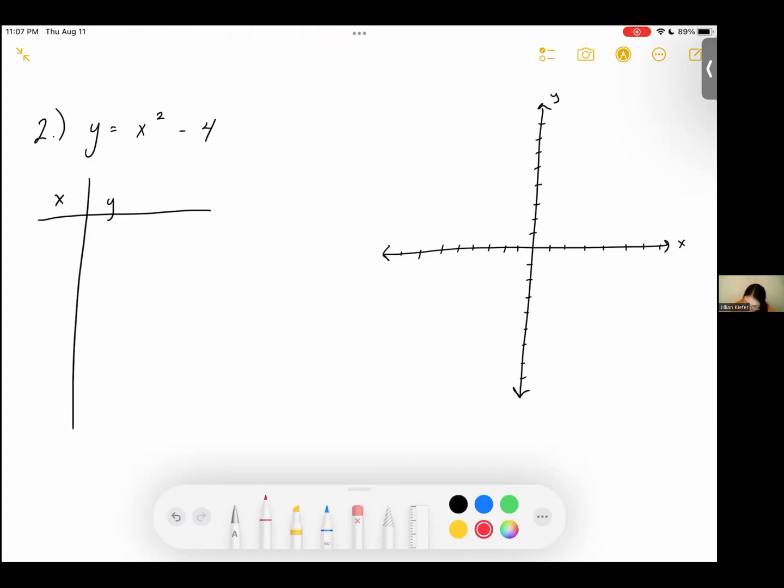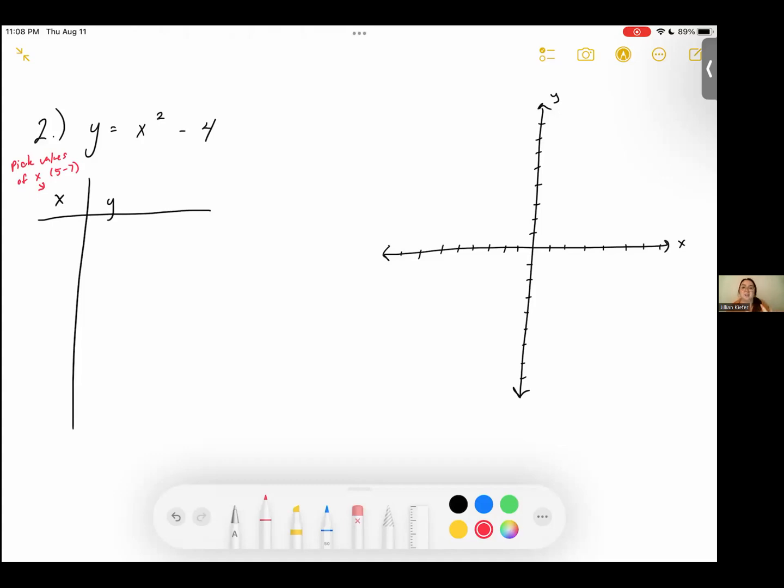When you create a table of values, you want to pick values of x. You're just going to pick some. Try to pick anywhere between 5 and 7. For us, we're going to go with 7, but anywhere between 5 and 7 is usually pretty good. If you feel like you really got the gist with 5, then you probably don't need to do 7.